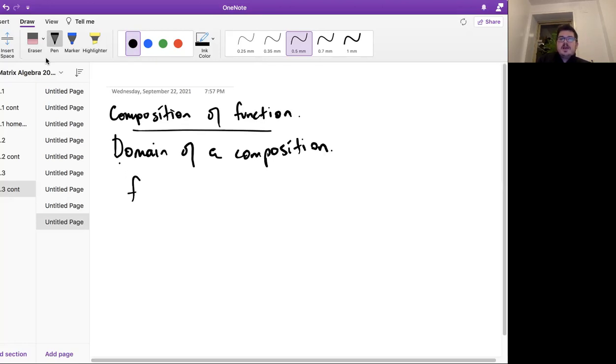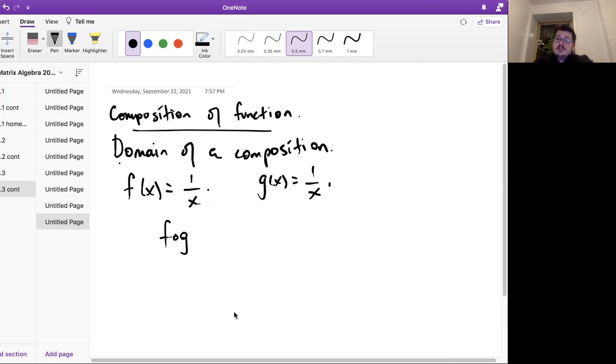Let's do a classic one. If f of x is equal to 1 over x and g of x is equal to 1 over x, can someone say what f of g is?